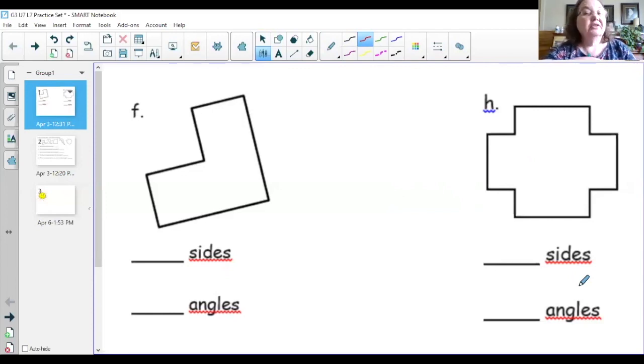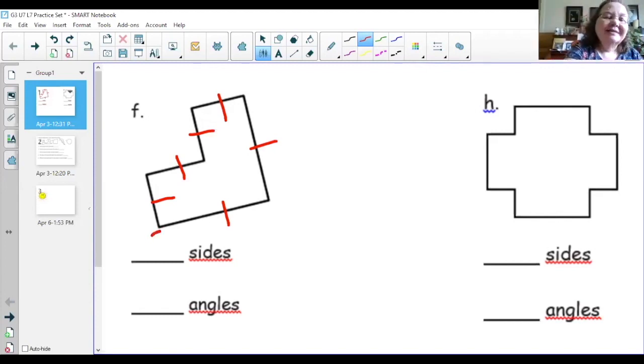I'm going to show you a strategy that I like when I'm counting them. Because I like to put a little line there. So I would count 1, 2, 3, 4, 5, 6. That way I know I haven't missed any of the sides. So how many sides did I say?